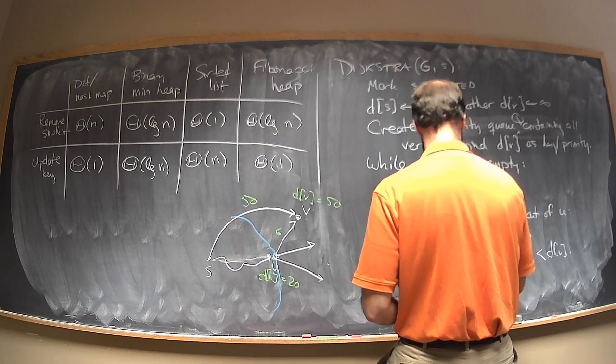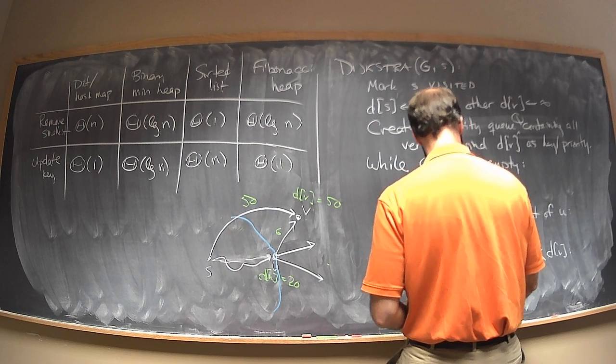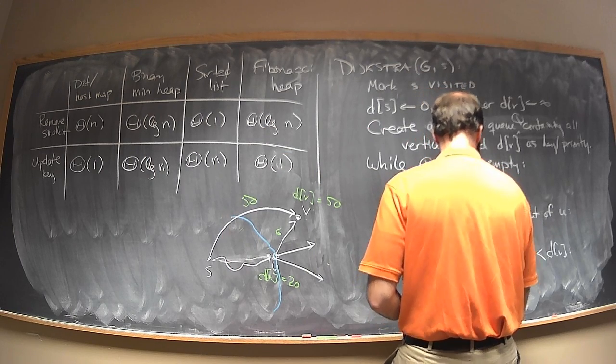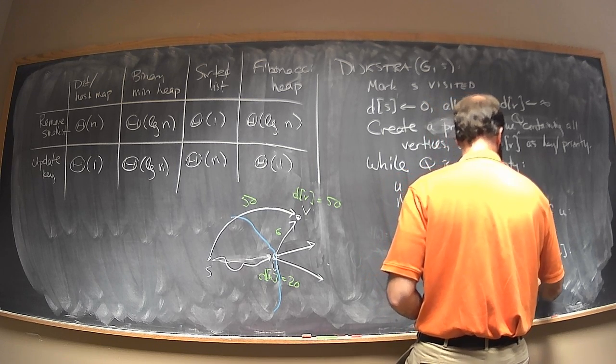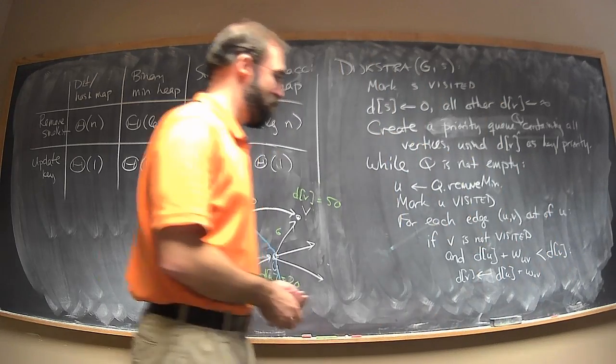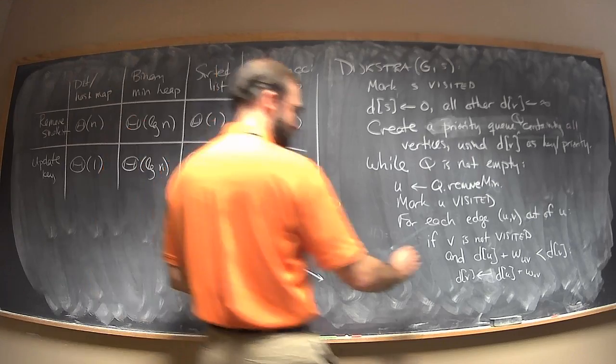So dv is going to be equal to, or we set it to du plus the weight of the edge uv, because that's the new best distance that we know of. That is a v.